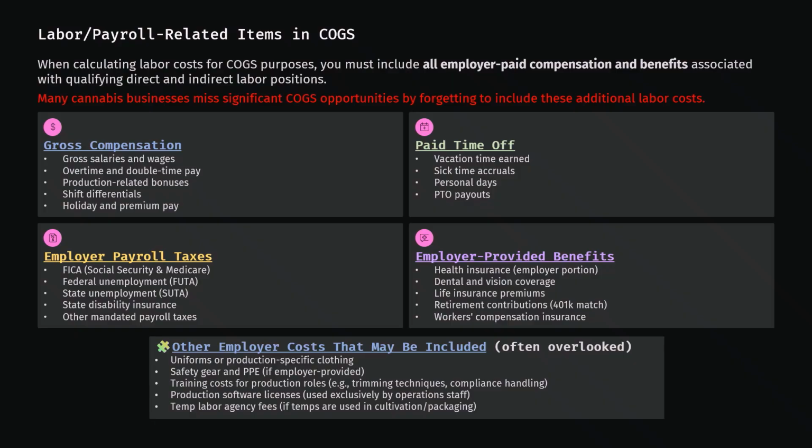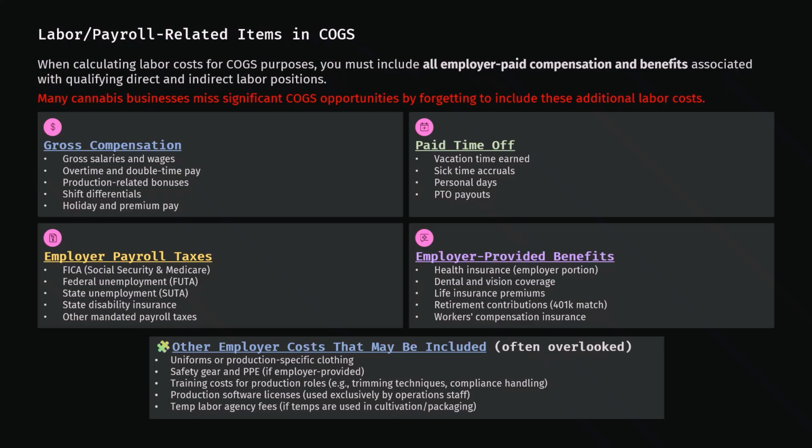Now, bonuses. Bonuses can be tricky, but if the bonus is tied to production performance, like output volume, efficiency, quality control benchmarks, then it can be part of inventory cost. However, discretionary bonuses or ones tied to company-wide financial results most likely are excludable from COGS.